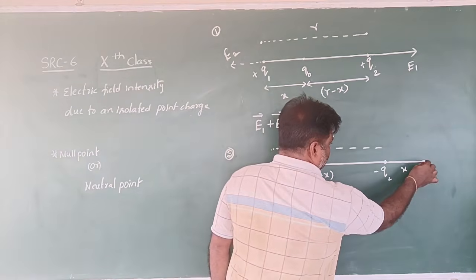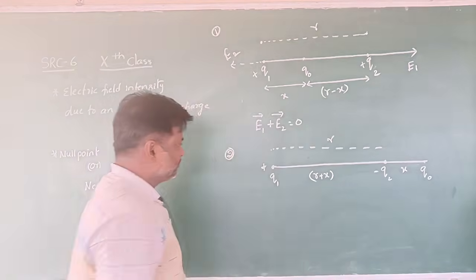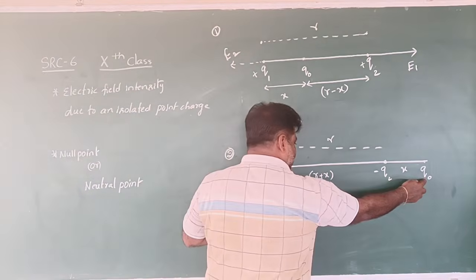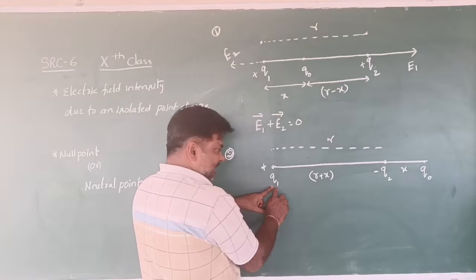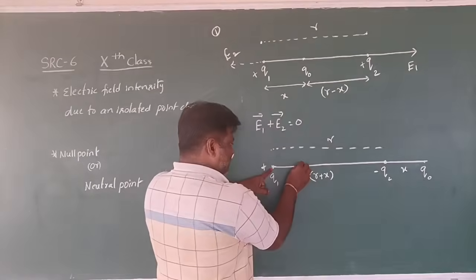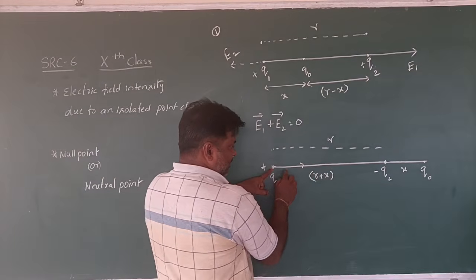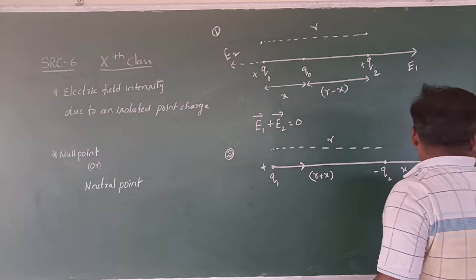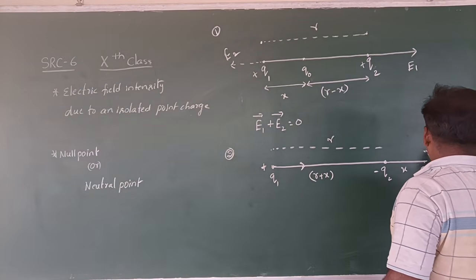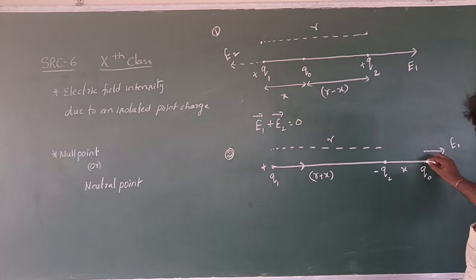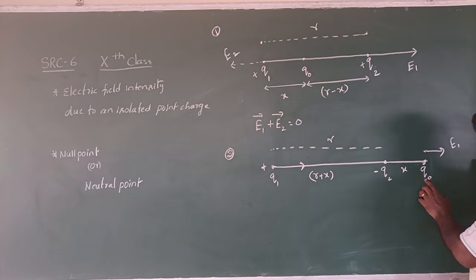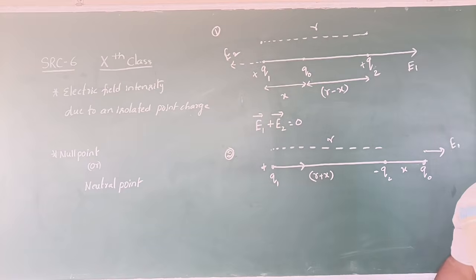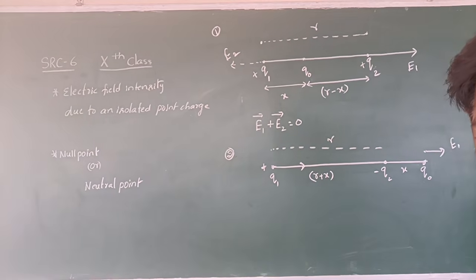Observe how this will change. This is a positive charge and Q0 is a test charge. What is the direction of the field? Since it is positive, the field is directed away from the charge, along the direction E1. So this will experience a repulsive force.